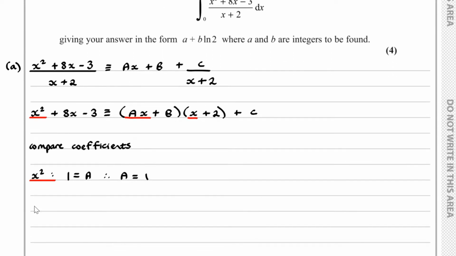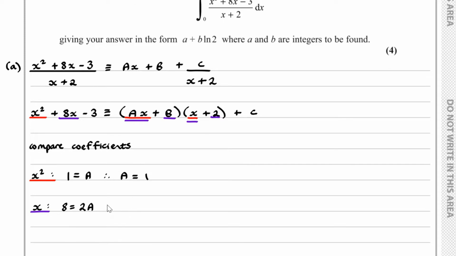If we compare the x terms, on the left hand side we have 8 of them, and on the right hand side ax times 2 gives an x term, so we have 8 equals 2a, and also the b multiplied by the x also gives an x term.